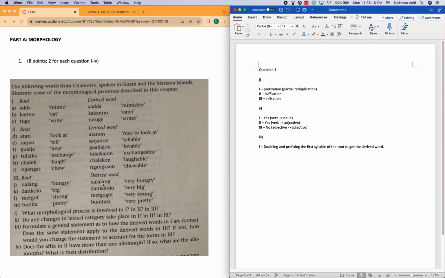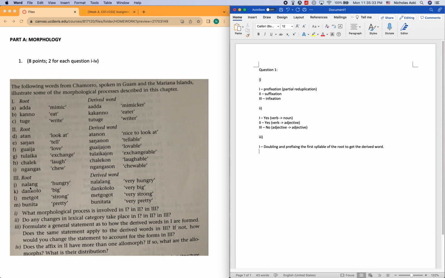This one is a little bit trickier, but I think it's easier to show with letters J and L. With J and L, the root both has 2 syllables. We have na-lang, and met-got. And we're doubling the first consonant and vowel of the final syllable.